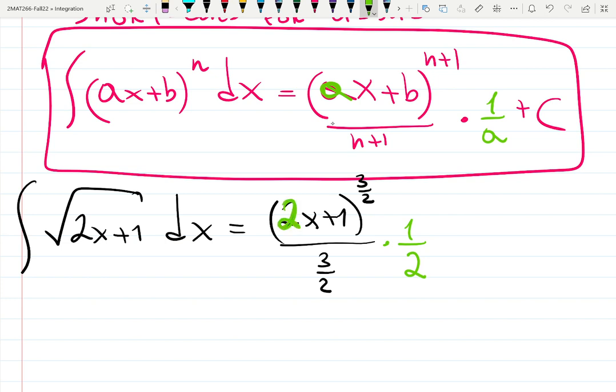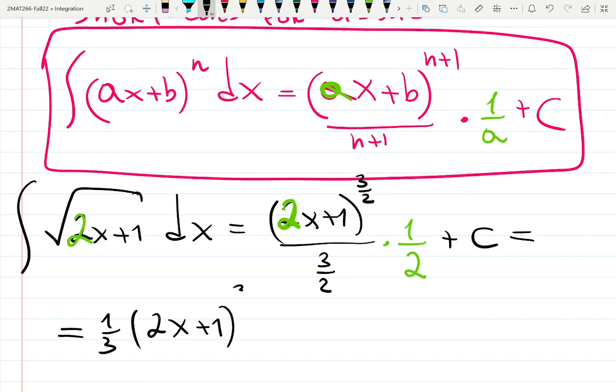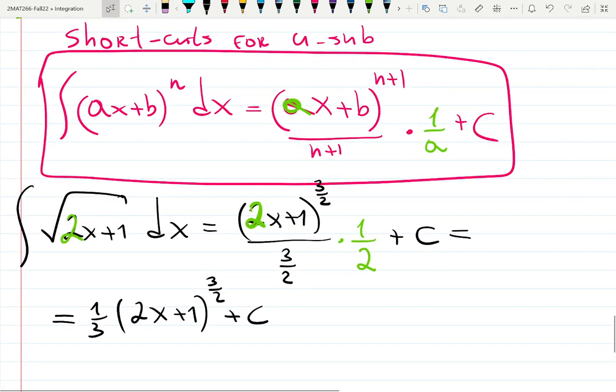This 2 is the leading coefficient a. Plus c. Let's simplify and you will see it's exactly the same answer. 1/2 times 3 times 2/3 is 1/3. So 1/3 times 2x plus 1 to the 3/2 plus c. It's exactly the same answer but faster. Compare how much writing we did before and now.